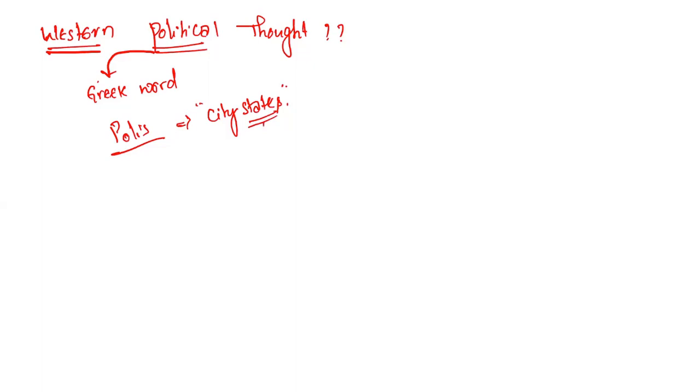Now, what is state at all? State is abstract in its nature. What I mean by abstract is something which is not visible.